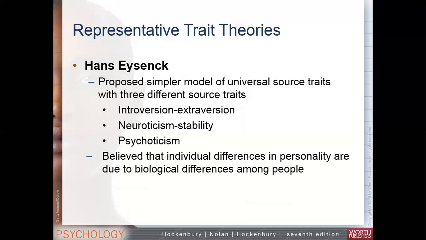And he believed also that there were individual differences in personality because of biology. So he would say, for example, that a person who is very introverted might be so because in essence they do not like a lot of stimulation, and so their biology, that makes up their attention and their threshold for having very loud things around them, was very low.